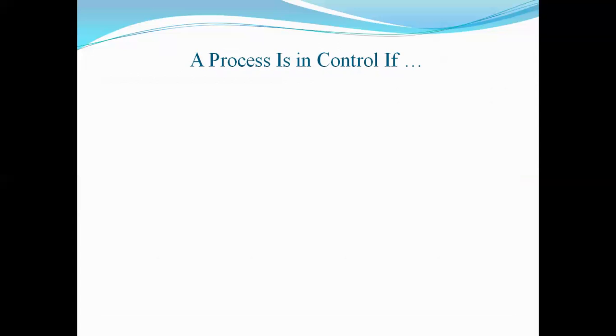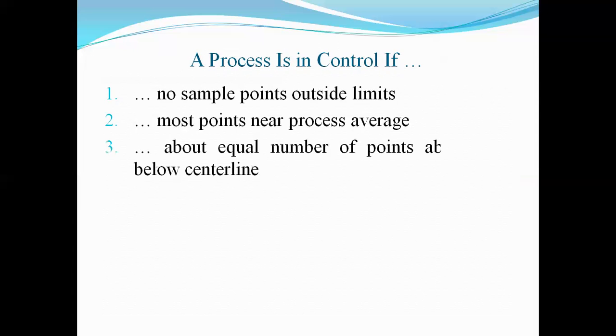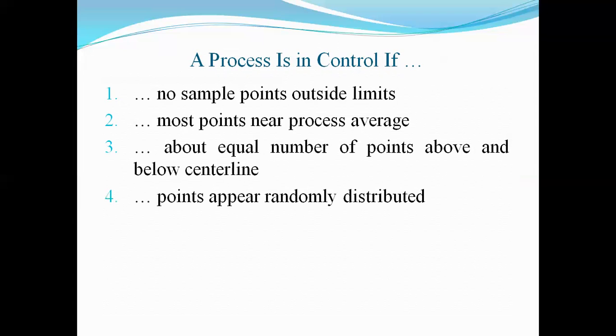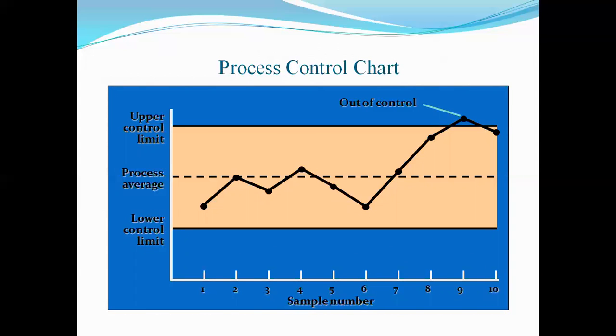Okay, what is this? A process is in control if there are no sample points outside the limit, most points are near the process average, and about an equal number of points are above and below the center line. Fourth, points appear randomly distributed. Okay, so what is the first point?